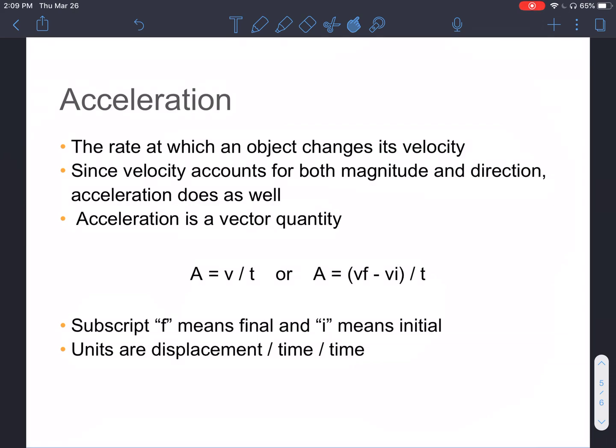Then you have the two different formulas, which you guys saw on the last slide. And again, the F means final and I means initial. Units are displacement over time, or meters per second, or meters per second squared.